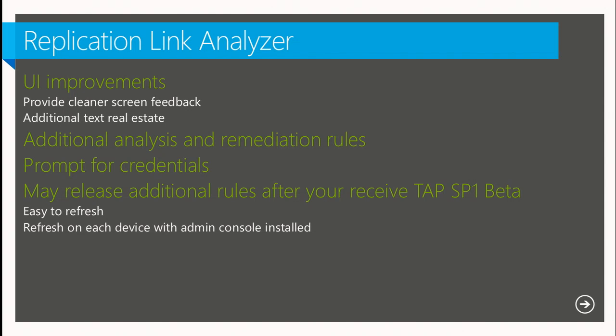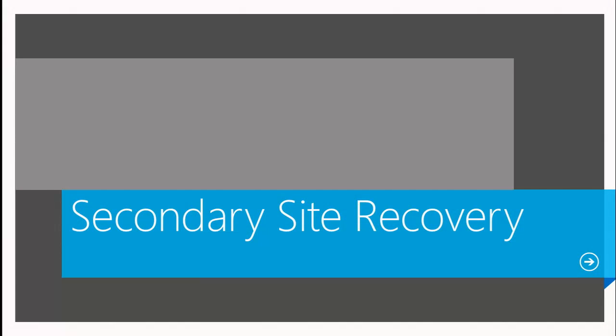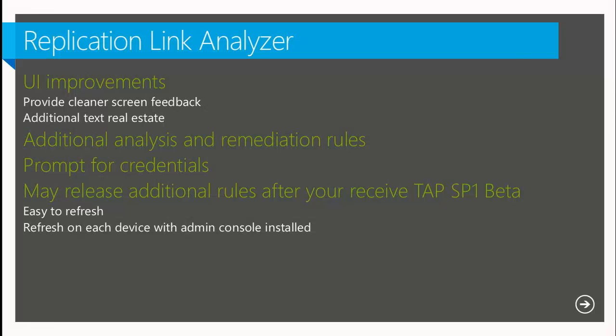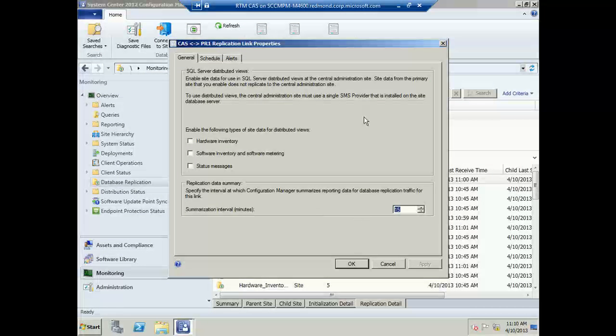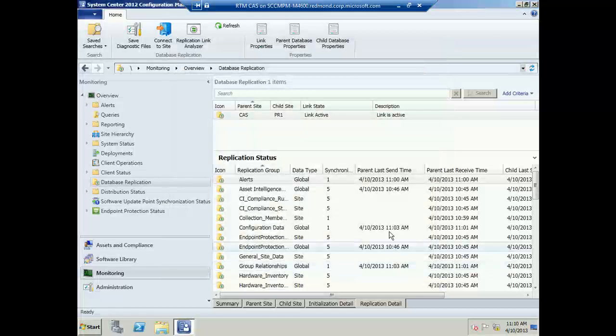I'm not going to show you a demo of this because it's kind of boring if you've used it before. It's just a point and click, if you've ever used Network Troubleshooter before. For those that haven't used Replication Link Analyzer, the only thing I wanted to point out, I don't have a screenshot here, is that when you're in the monitoring page, the Replication Link Analyzer is very easy to start.